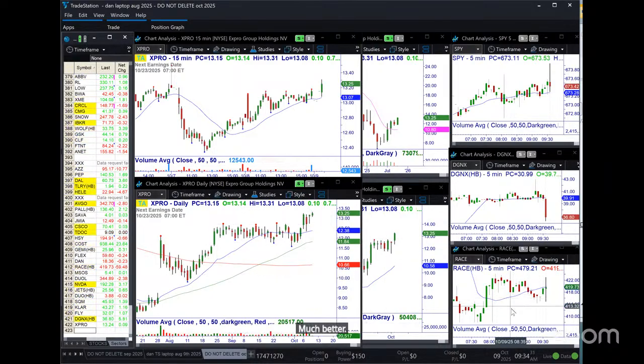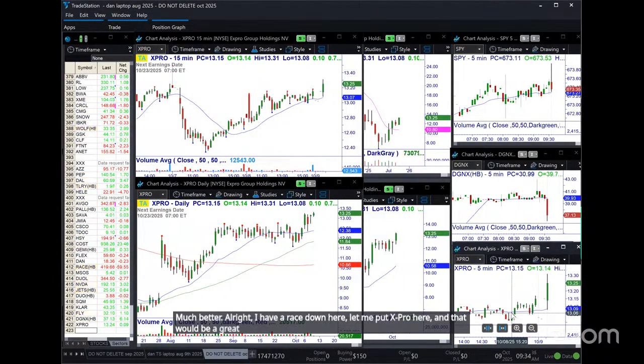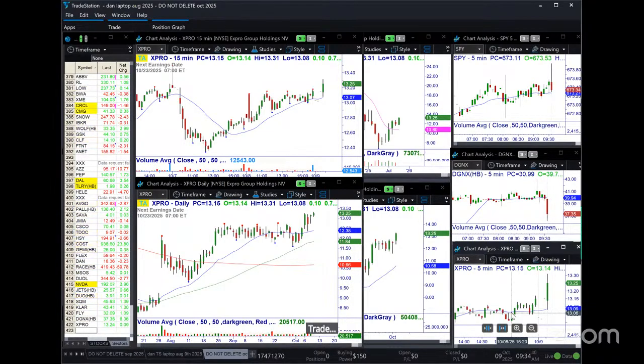All right, let me put X Pro here, and that would be a great 30 minute trade. I'd do the 12.5 puts, I'd love to go for tomorrow. There are no weeklies. 12.5 for next week or 0 by 40. So forget that.